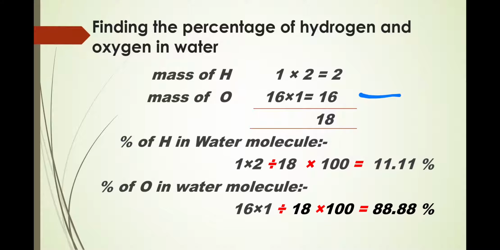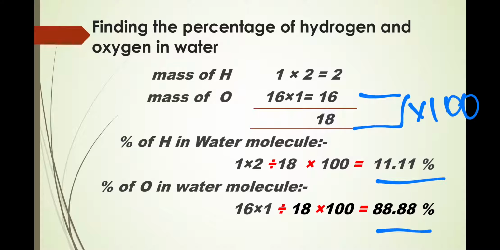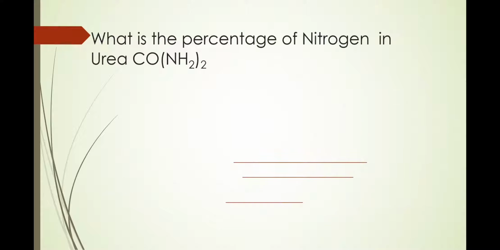The mass of oxygen is 16 divided by 18, multiplied by 100, which will give you the percentage of oxygen. So 11.11% of hydrogen is there in the water molecule and 88.88% of oxygen is there in the water molecule.